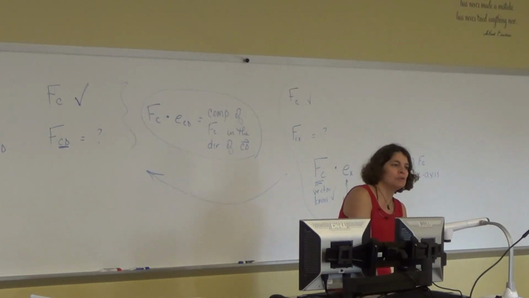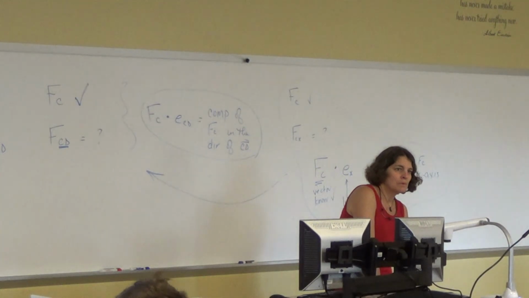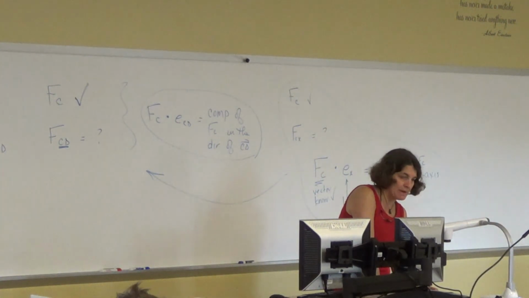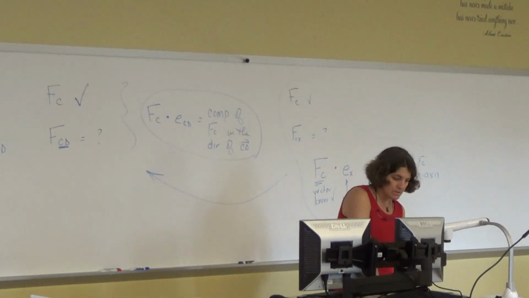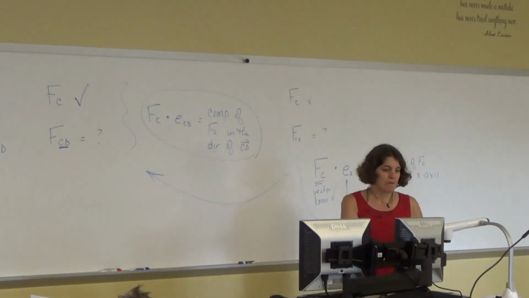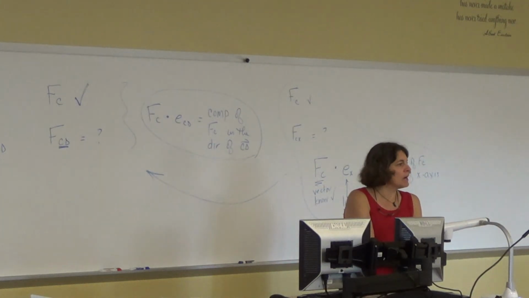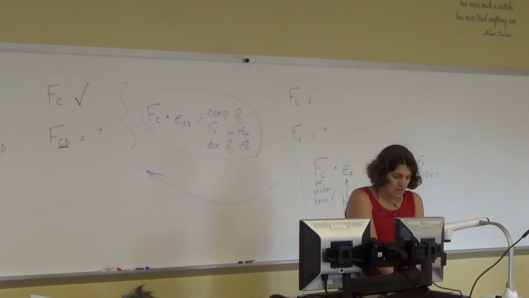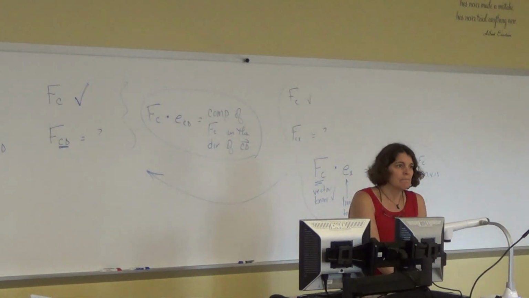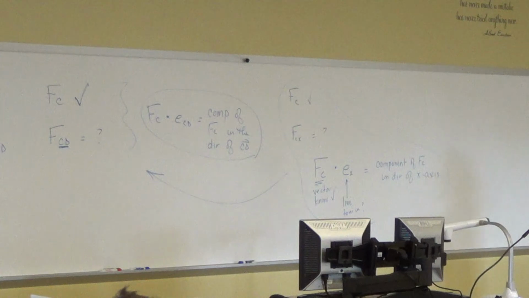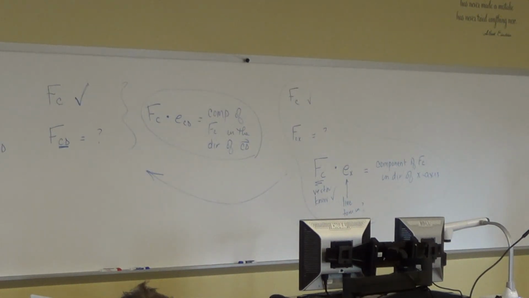And what unit is a unit vector? Unitless. I got 156.7 in the denominator. Okay, I did it right. Did somebody else get a negative 0.6400 and a positive 0.7680? Yeah, okay.